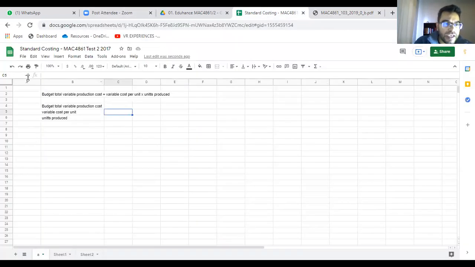So over here, it is going to equal 80 plus 40 plus 22. Now we need to work out the budgeted units to be produced.